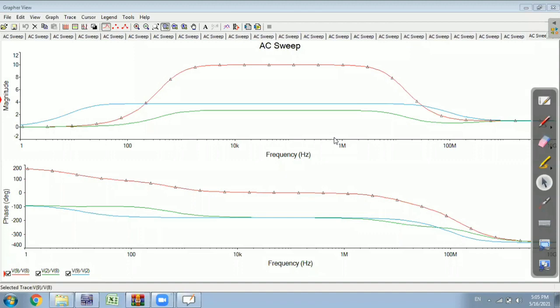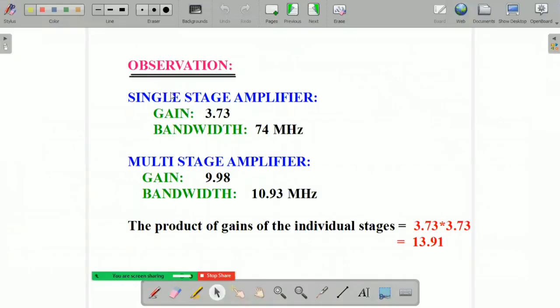Now we will look at the verification. As we have seen, the single stage amplifier's gain and bandwidth, multi-stage amplifier's gain and bandwidth. Now, the product of gains of individual stages: 3.73 is single stage, and as I have used a similar circuit for stage 2, I just multiplied the same gain twice.